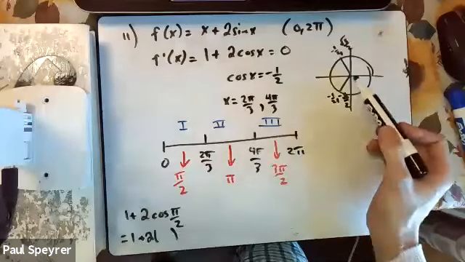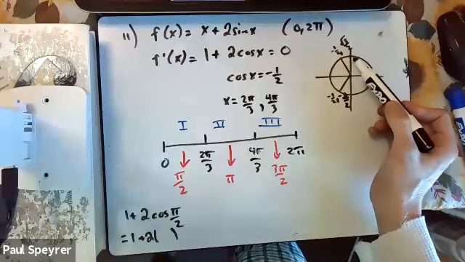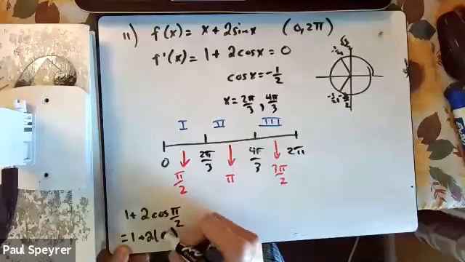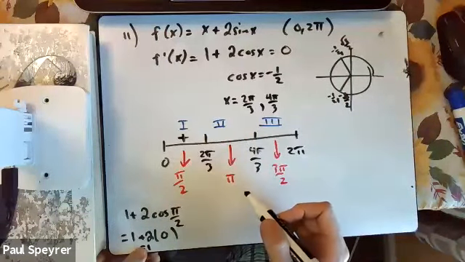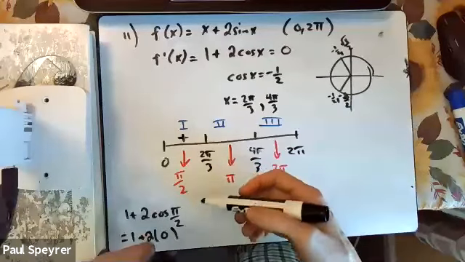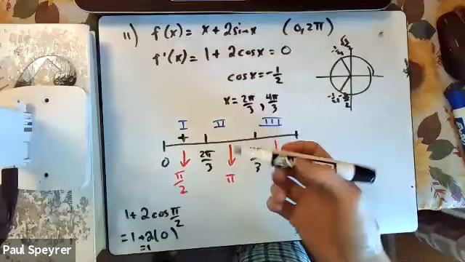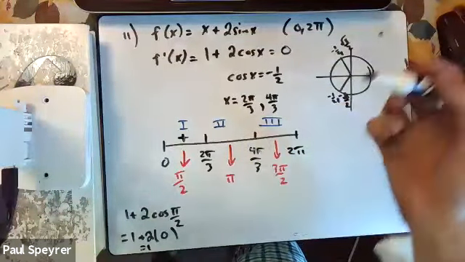Well, what is cosine of pi over 2? Remember, this pi over 2, right? This is going to be 0. So we get 1. What matters, though, is that it's positive. If you want, you can throw these values into your calculator, right? Make sure you're in radian mode.